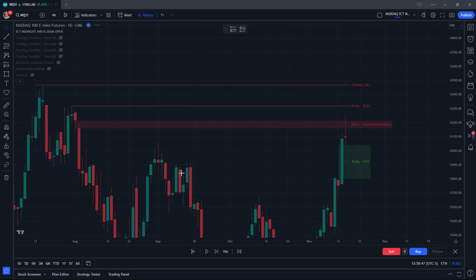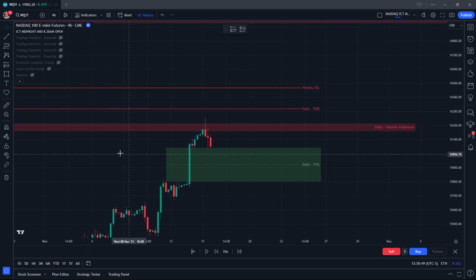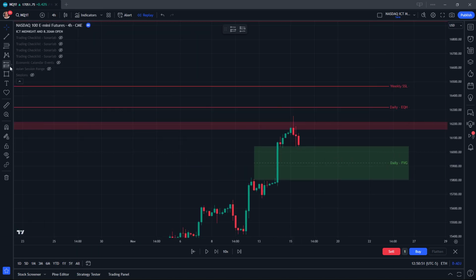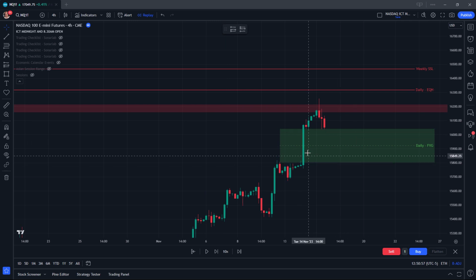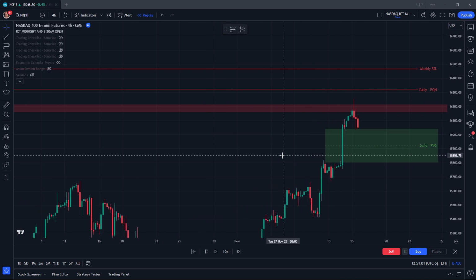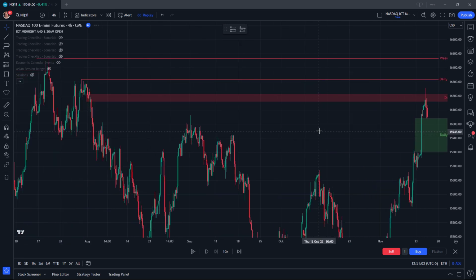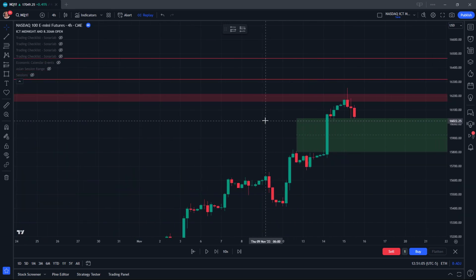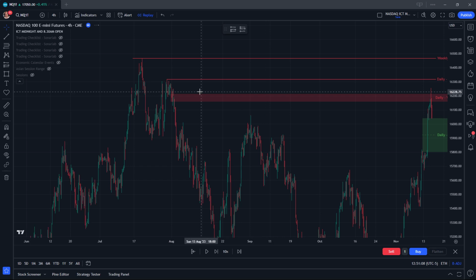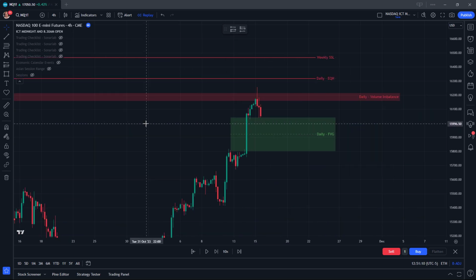Let's drop down to a 4 hour. So that 4 hour fair value gap lines up quite nicely with our daily, so there's no need to change that. Okay, I'm not really seeing anything that stands out there.